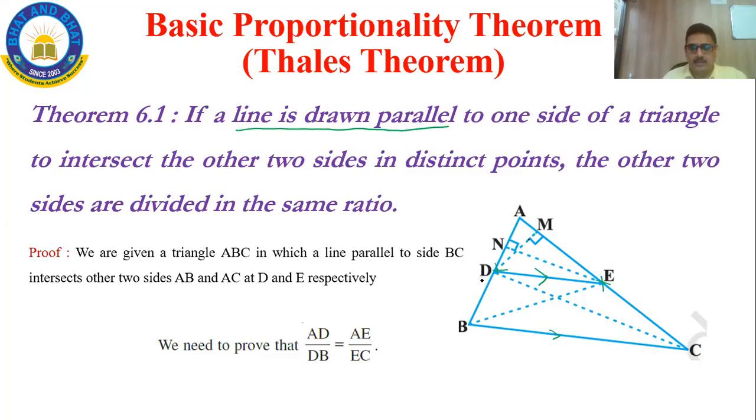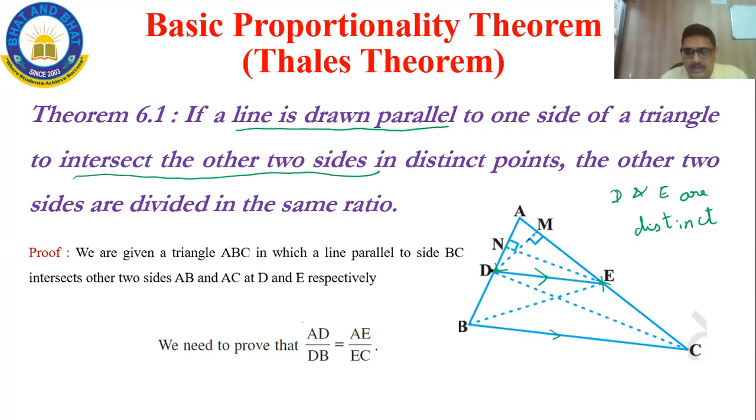That means points D and E are distinct points. That is the meaning of distinct: they are individual separate points. Side AB is intersected at point D, and side AC is intersected at point E. If a line is drawn parallel to one side of a triangle to intersect the other two sides in distinct points, the other two sides are divided in the same ratio.